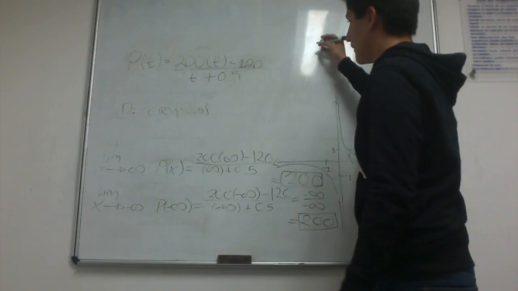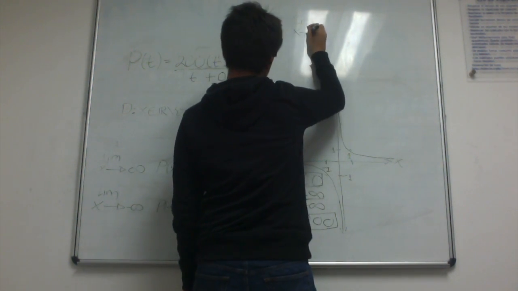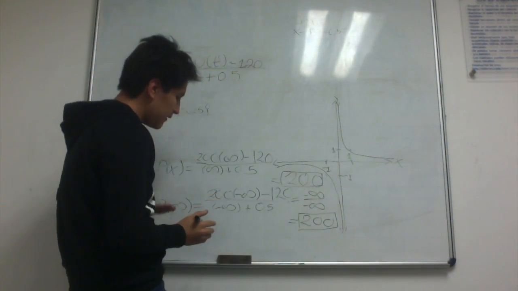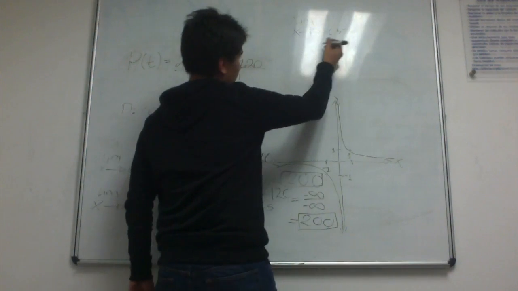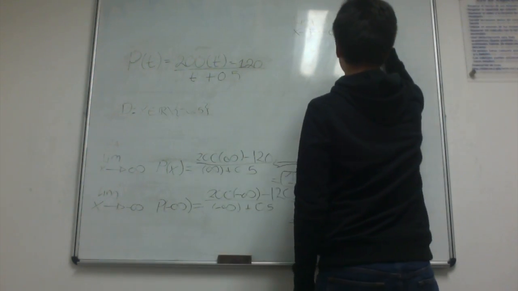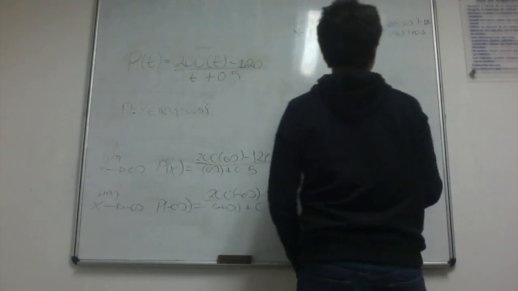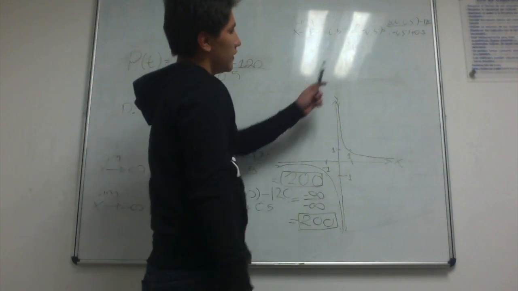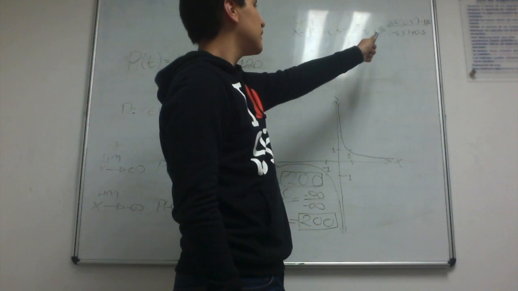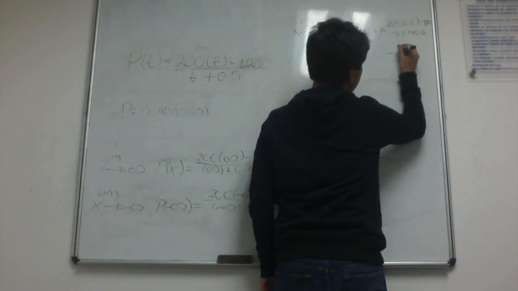We have the limit as x approaches minus 0.5 from the left, because it's approaching from minus infinity. We evaluate it in the function: 200 times minus 0.5 equals minus 100, minus 120 equals minus 220.